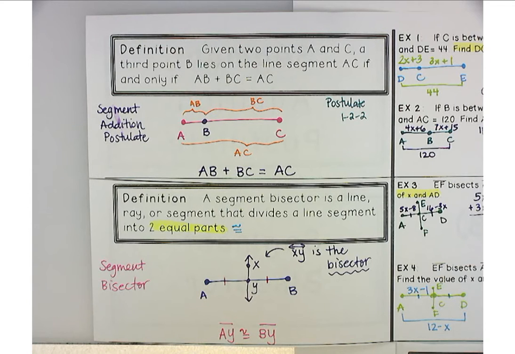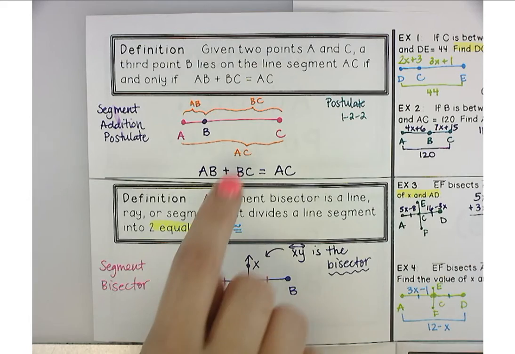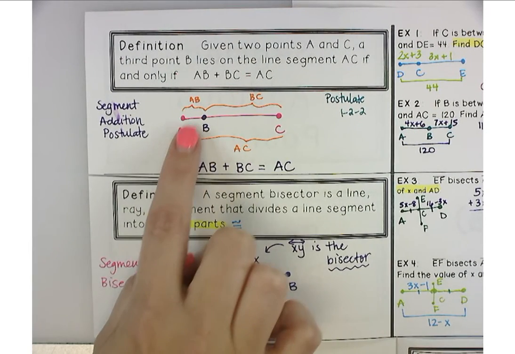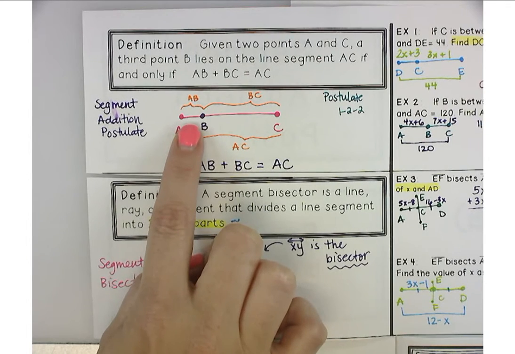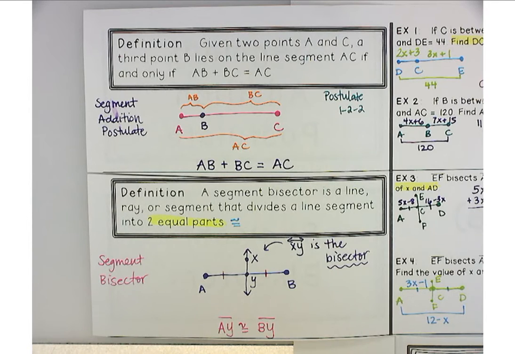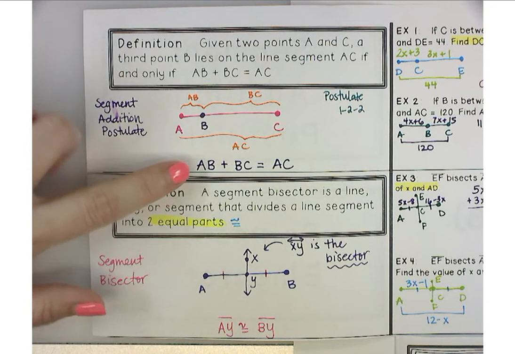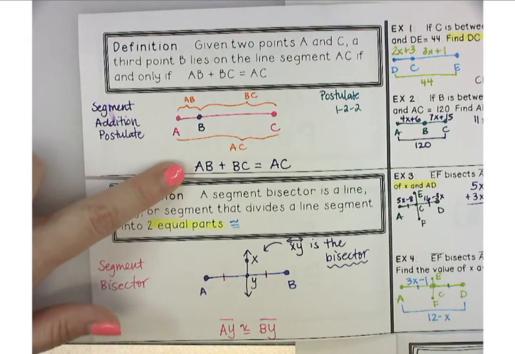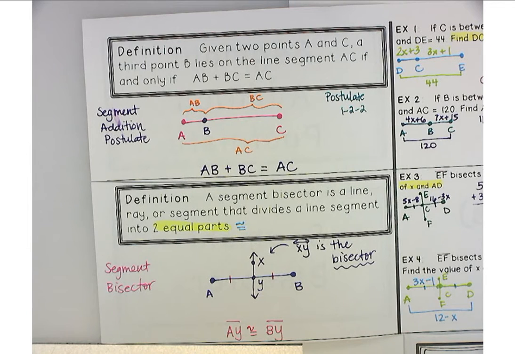So in this postulate, we know that if B is in between A and C, if we add the segment AB to BC, that's going to give us the length of that whole segment AC. So the gist of the segment addition postulate is if you have AB plus BC, that's going to equal AC.